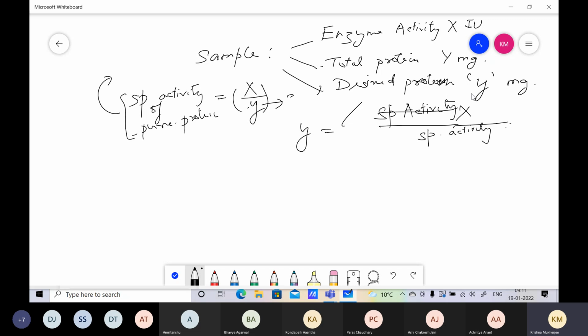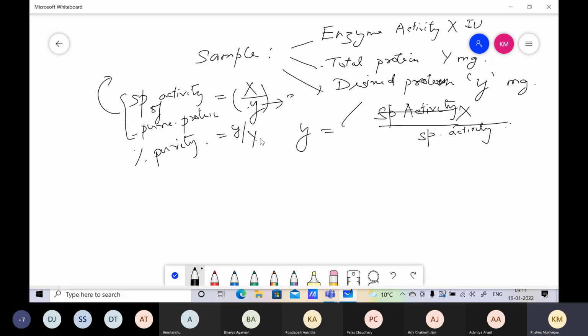And therefore, if you know y, you also know the percentage purity. Your percentage purity is nothing but y upon Y. Are you getting this?